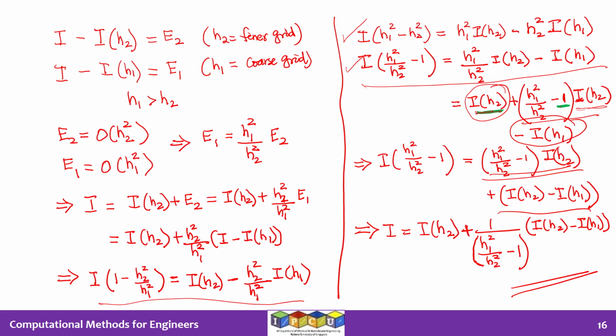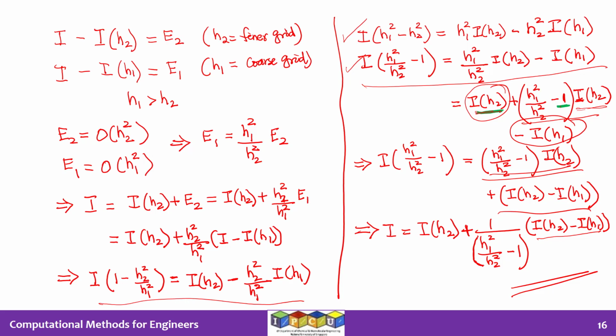And therefore, I can divide throughout by h1 squared by h2 squared minus 1 to get this final expression. I is equal to IH2 plus 1 by h1 squared by h2 squared minus 1 times IH2 minus IH1.